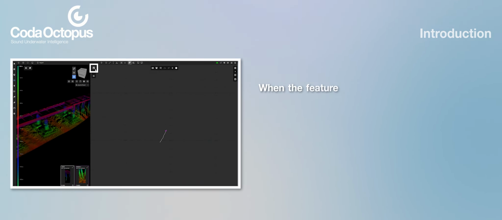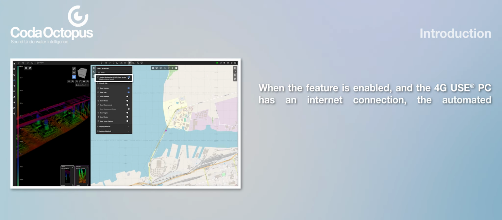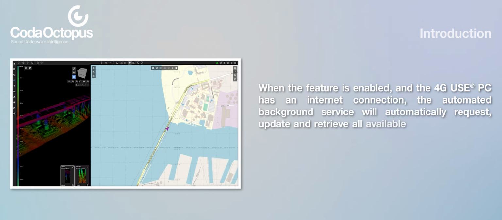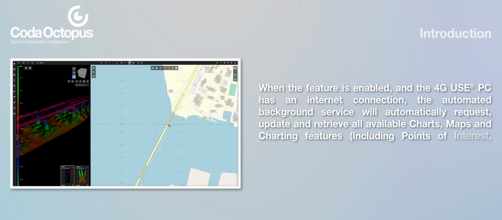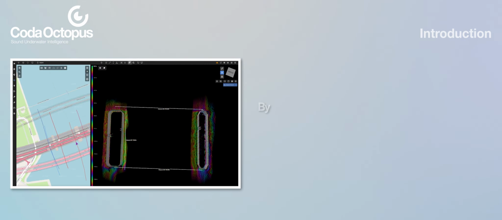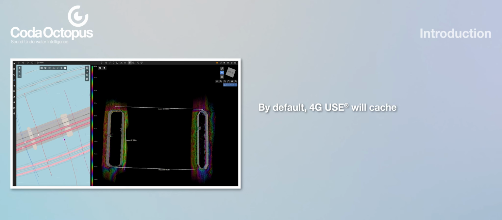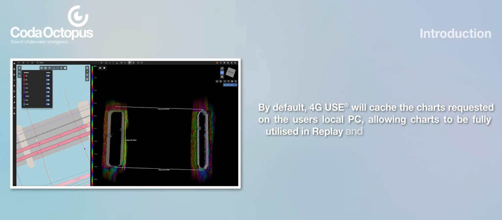When the feature is enabled, and the 4GU's PC has an internet connection, the automated background service will automatically request, update, and retrieve all available charts, maps, and charting features, including points of interest, transportation, buildings, and natural features available at that location. By default, 4GUs will cache the charts requested on the user's local PC, allowing charts to be fully utilized in replay and offline, no internet modes.